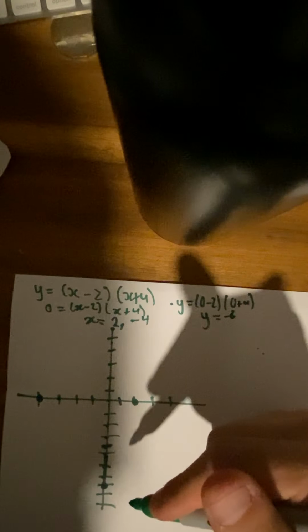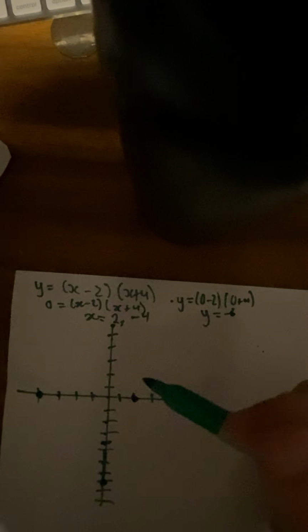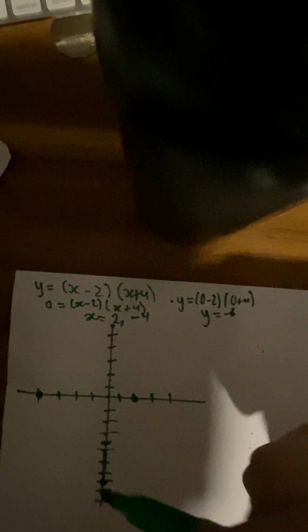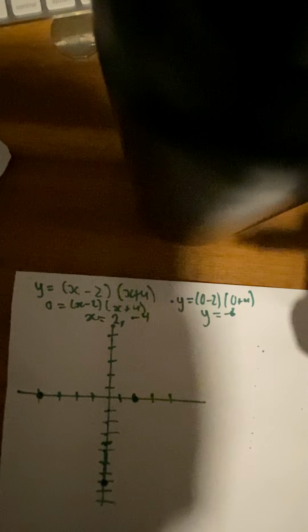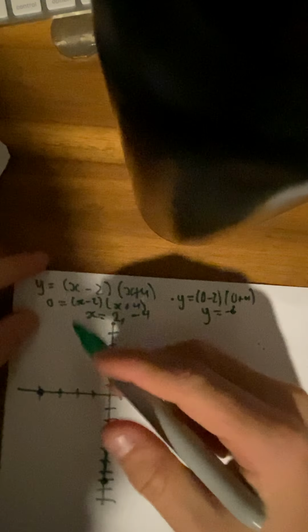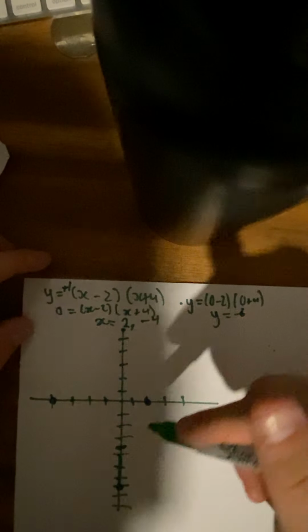But notice that this will not be the lowest point. So therefore, we need to find the vertex of this function. Since this is in x-intercept form, the vertex is the lowest point, because it's positive. This is plus 1 there. The graph has a minimum.